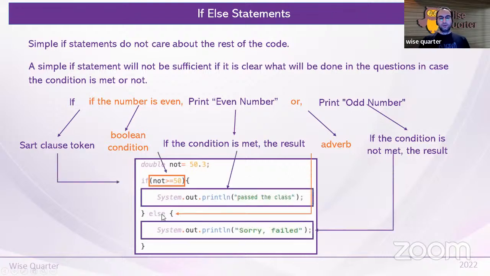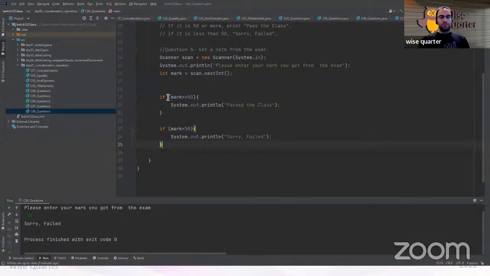Okay, here they are. If the statement is true, the system will print pass the class. Else, if it is false, it will print it like this. As you can see, in the previous question, we used two if statements. If it is higher than 50, do that.